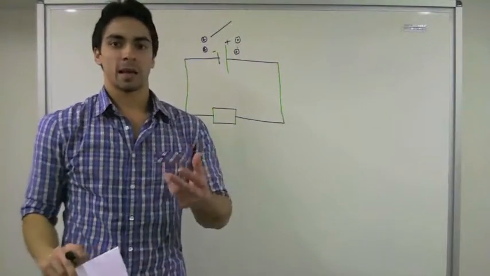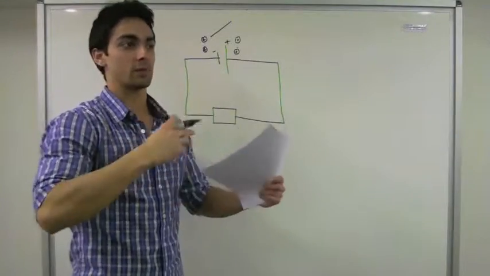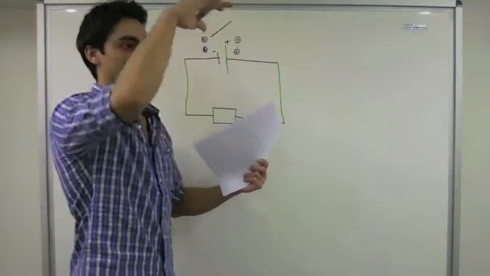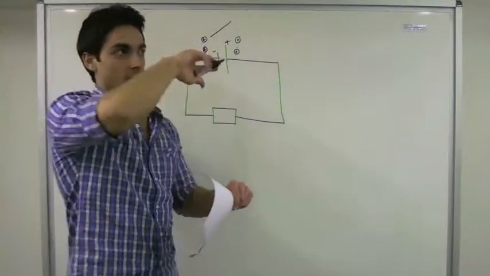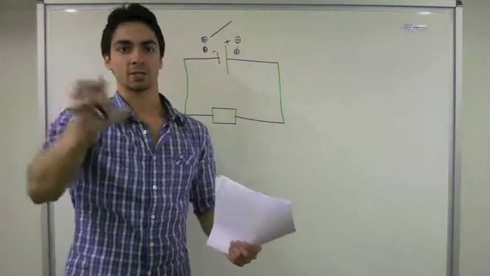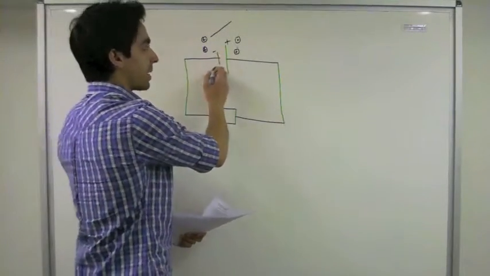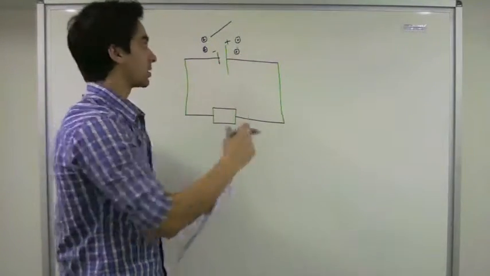You can also give the example of flowing water, and there's a water wheel. The water wheel will bring the water up to the top of a slide, and bringing it up is giving it gravitational potential energy. In this case, the battery is providing the charges with electric potential energy.